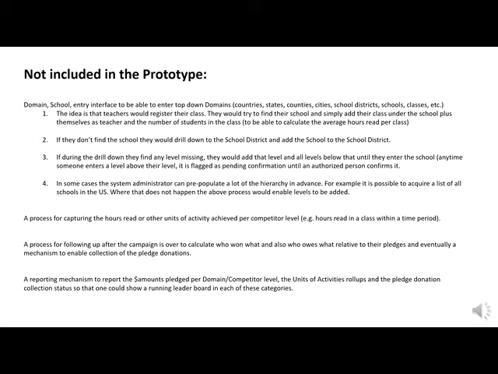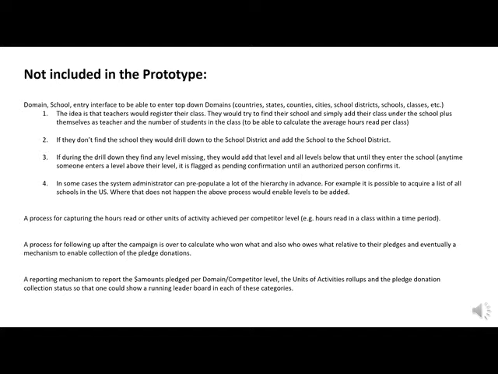There are a number of things that are not included in this prototype. First is the setup of the domain schools and the entry interface to be able to enter top-down domains: country, states, counties, cities, etc. The idea is that teachers would register their class, and they would go to the level in which their class is, i.e. the school.